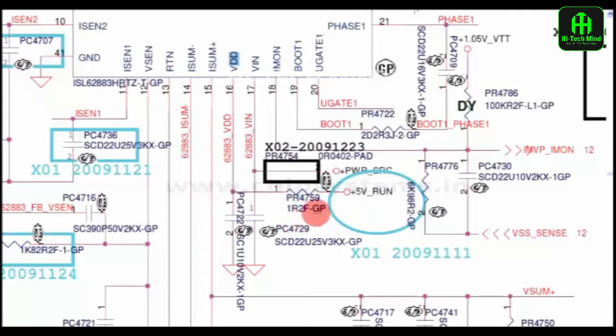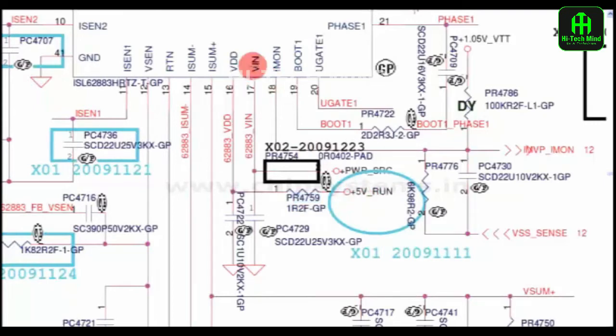If the resistor gets open, this IC cannot receive the 5 volt power supply. So this IC will not function. Also, display will not come. Check this IC operating supply nearby pin number 16, resistor PR4759. This 5 volt power is coming from the previous regulator section, 5 volt 3 volt regulator section.